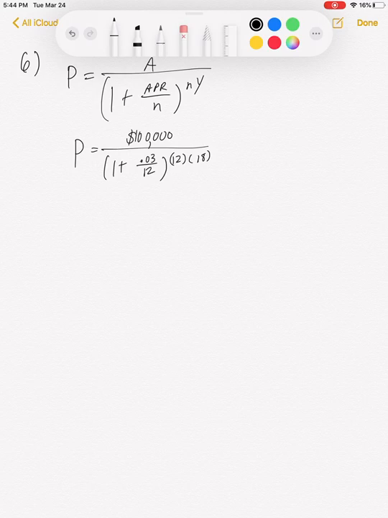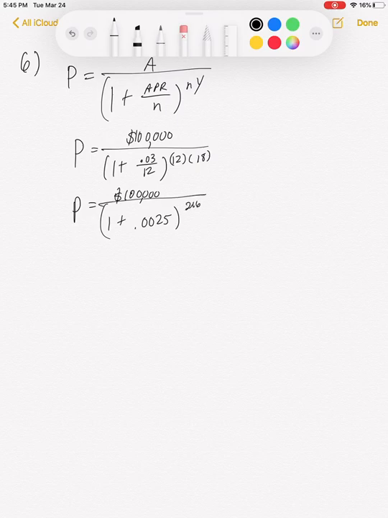Okay, now let's simplify this. The principal is going to be equal to $100,000 divided by 1 plus, now 0.03 divided by 12 is going to be 0.0025. Okay, 12 times 18 is 216.